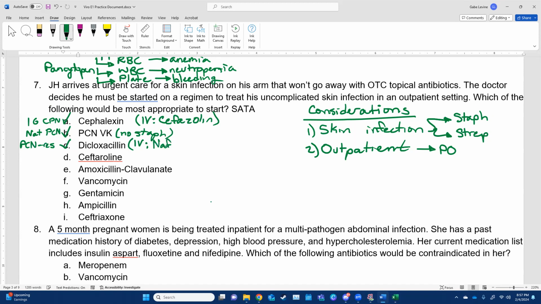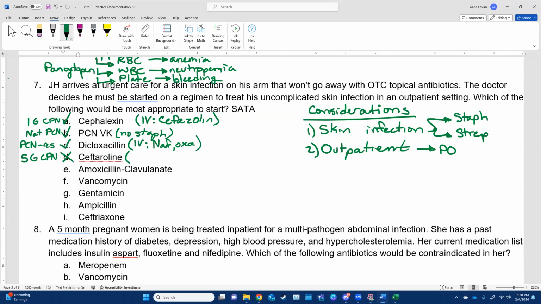Nafcillin, oxacillin, all that good stuff. What about ceftaroline? No, not at all. Ceftaroline is our 5th gen cephalosporin.